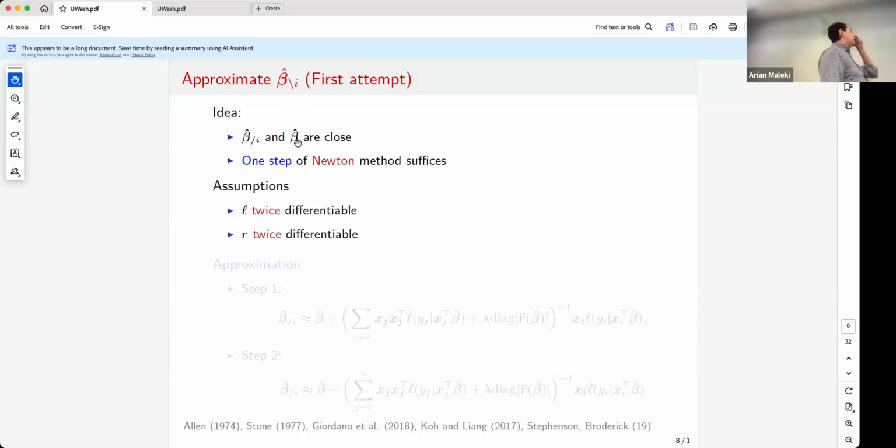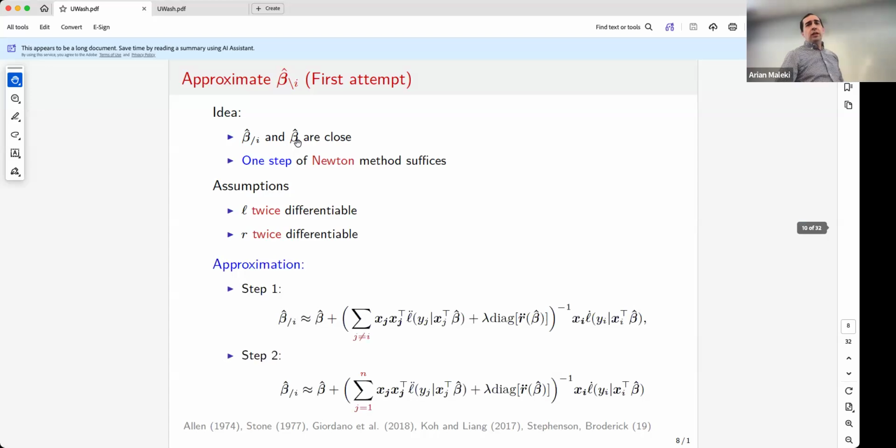Of course, the first assumption is that everything should be twice differentiable, because the Newton method uses the Hessian. And what Allen and Stone obtained eventually was this estimate: beta hat minus i is equal to beta hat, this is the Hessian inverse, and this is the gradient. So Hessian inverse gradient.